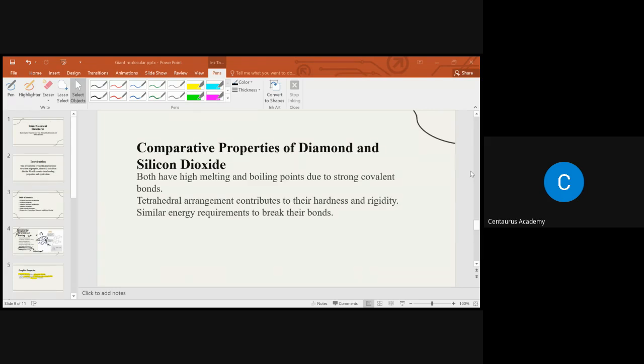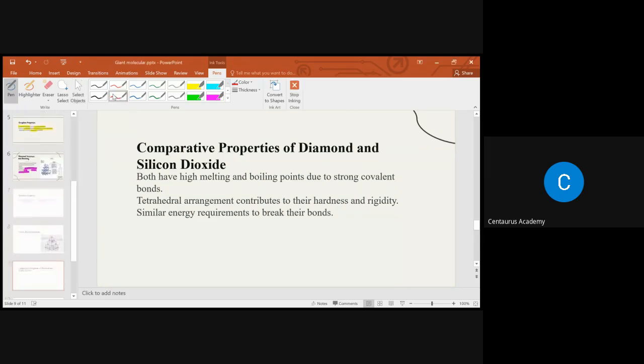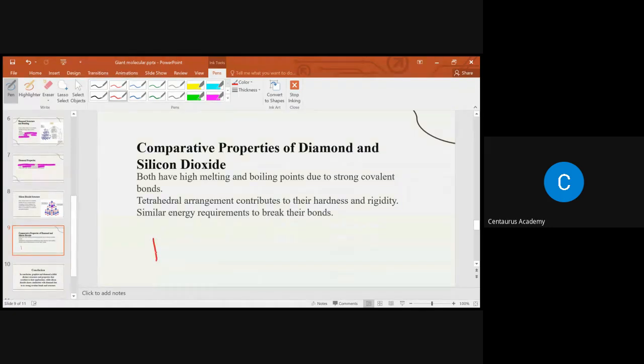Okay, let me remind you of this. Wait, let me just draw it. Yesterday I told you, for example, if you look at this one, hydrogen chloride gas. Hydrogen is only forming this single covalent bond, right? This is the intramolecular force of attraction.